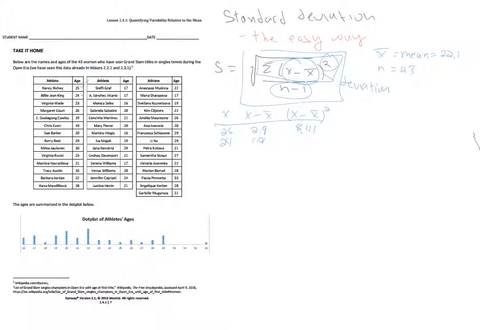And we square the 1.9, not square root, but square. We square the 1.9, and we get 3.61. Now I'm going to pause and finish the rest of the numbers in the table, and then I'll show you how to do the rest.